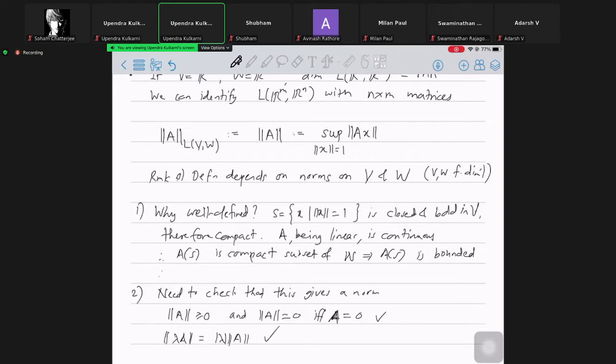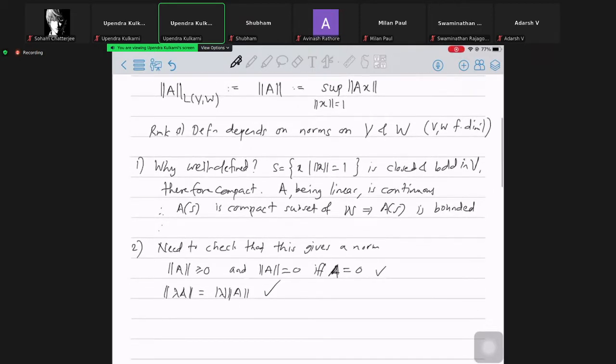So this is straightforward. How about the triangle inequality? So norm of A plus B. Just the way we have defined the sum of linear maps, from that it will directly follow. Because what I have to do on the left and the right hand side, in order to calculate those, is apply those to any x.